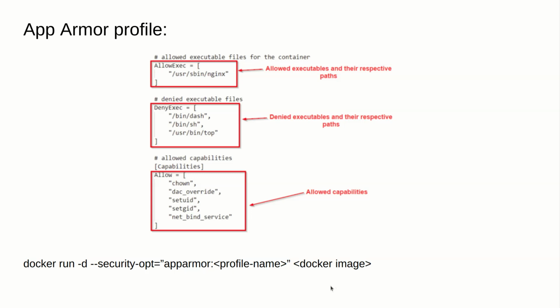Once that image is inheriting the AppArmor profile, it behaves in such a way that all these profile restrictions, whichever are provided, are enforced in that particular container when it runs.